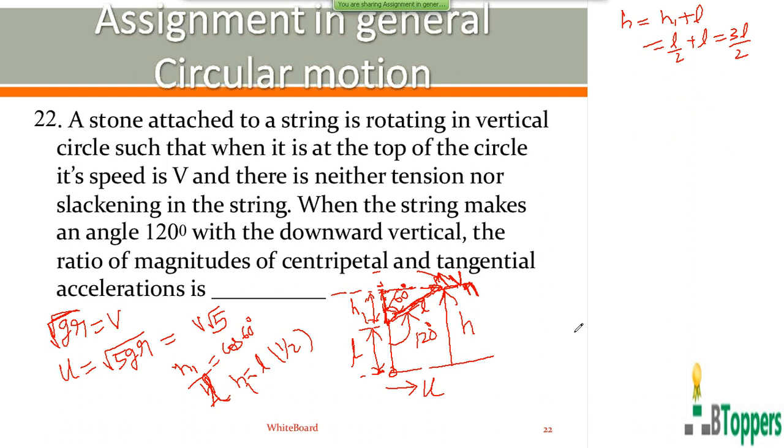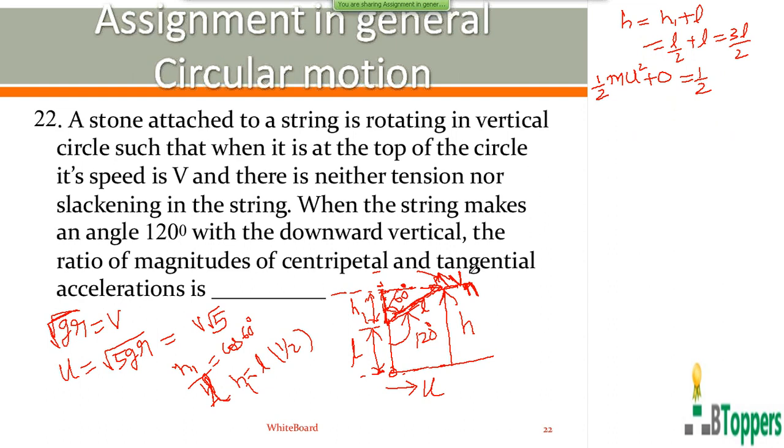So to find the magnitude of velocity at the instant when the string makes an angle of 120 degrees with the downward vertical, we'll apply conservation of mechanical energy. We can choose the lowest position of the bob as the reference position for measurement of gravitational potential energy. So kinetic energy of the bob at the lowest position is half mu square, and gravitational potential energy at the lowest position we take as 0.